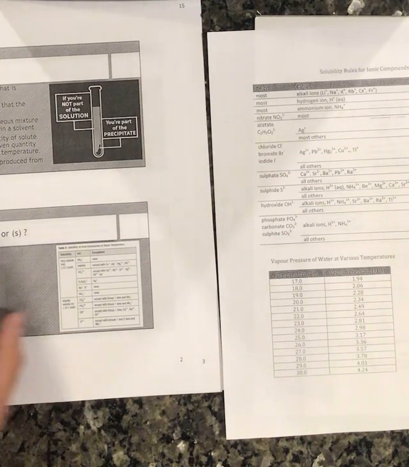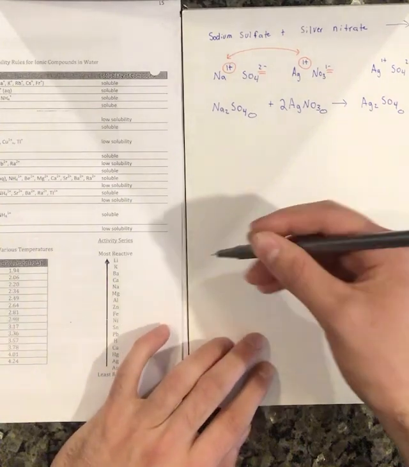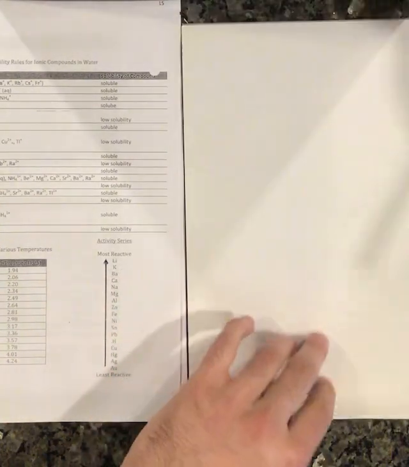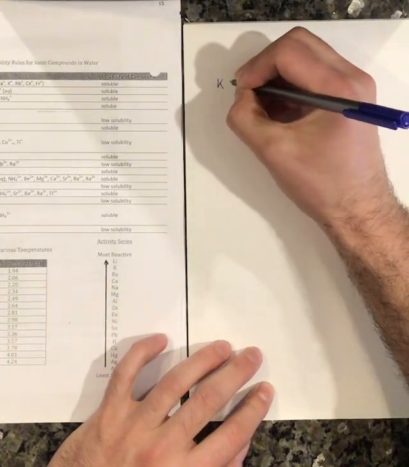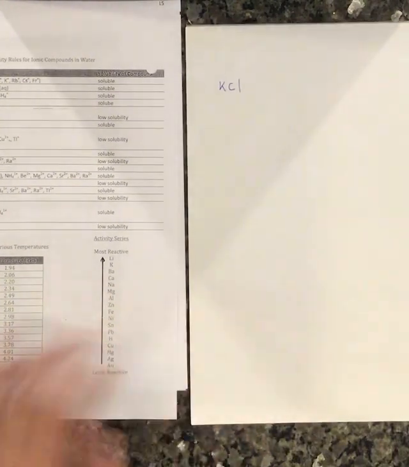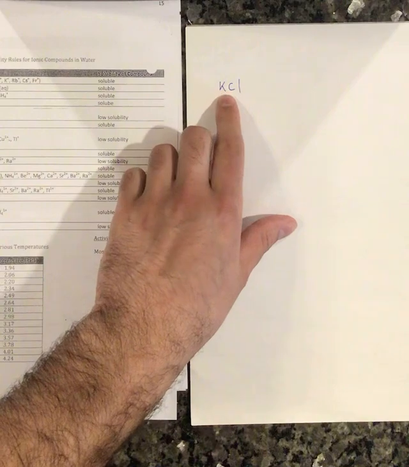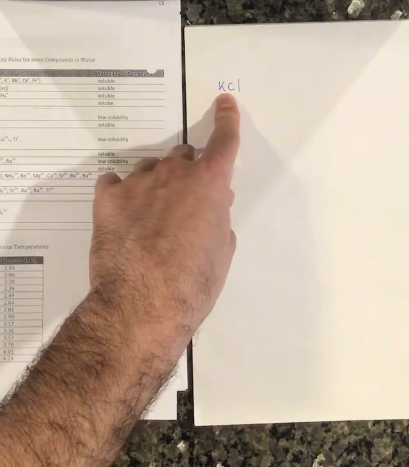So we're going to try the first example, KCl, potassium chloride. I'll get a new sheet. The first thing we're going to do is figure out which one is our cation and which one is our anion.